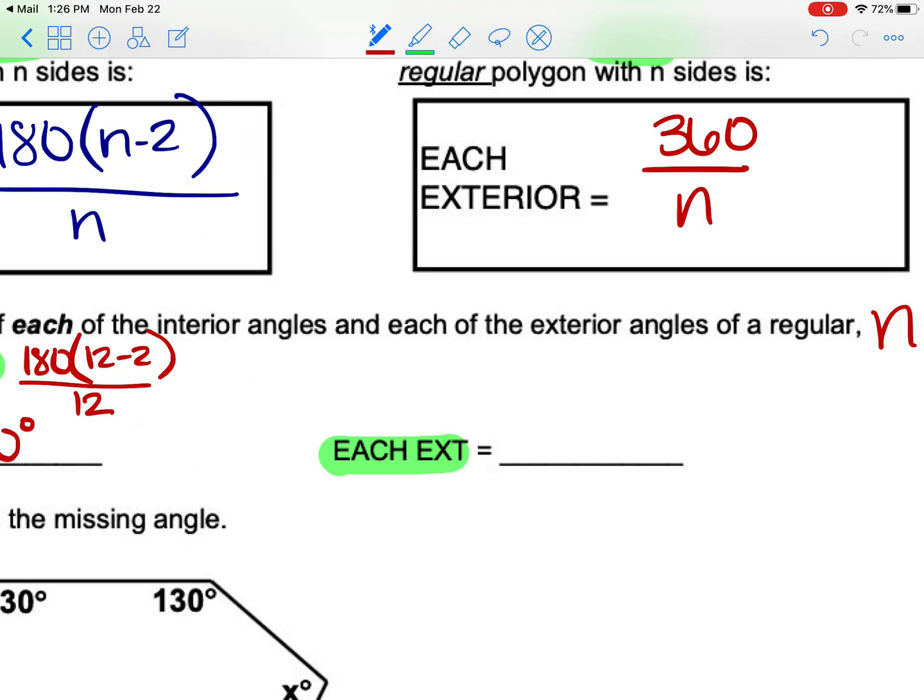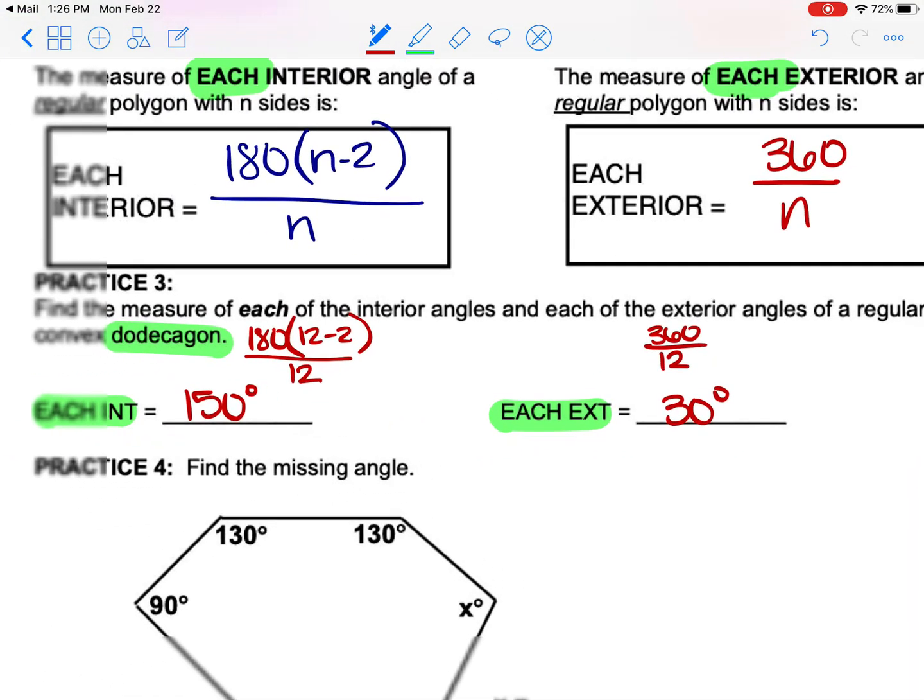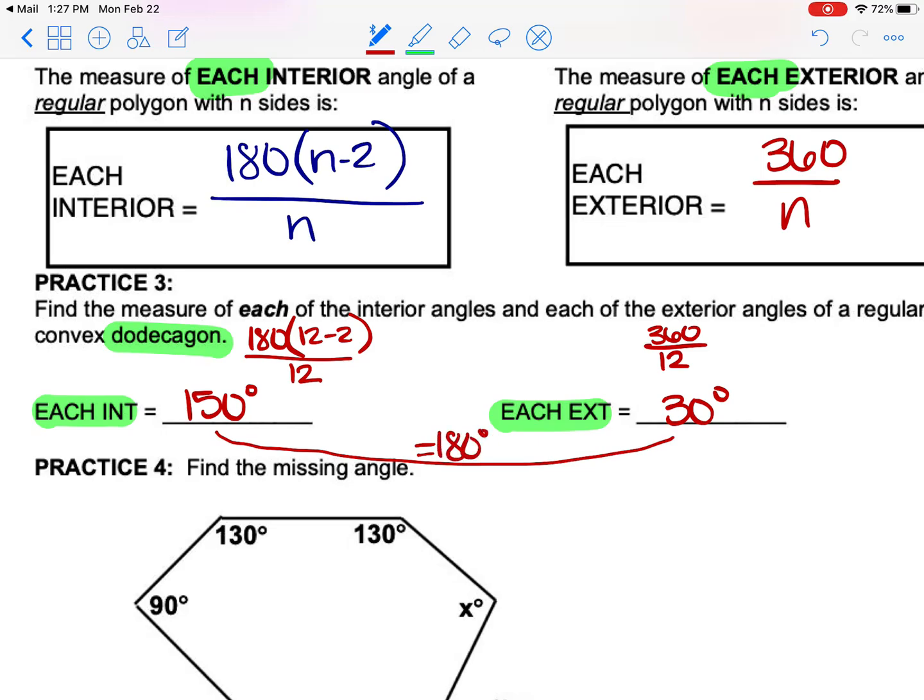Same thing here for each exterior. We know the sum is 360. We can divide it evenly by those 12 angles, and we're going to get 30 degrees. Now, let's look at something here. These two numbers together will always add up to 180.